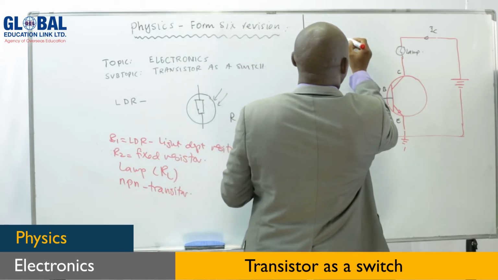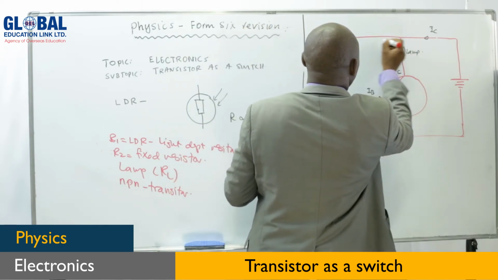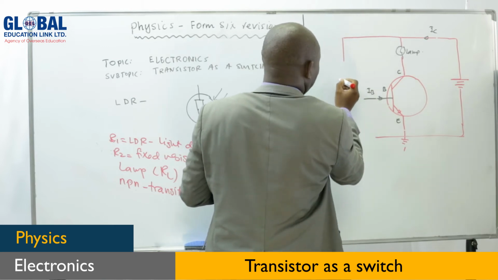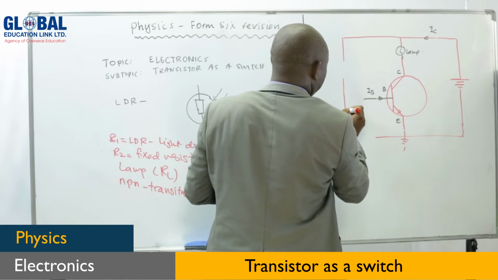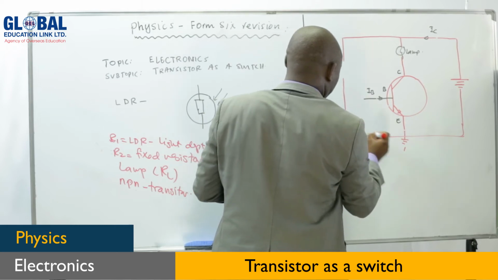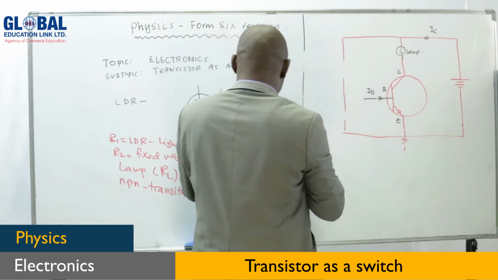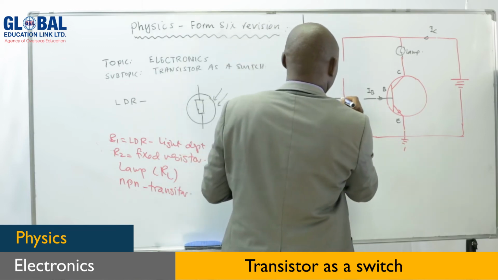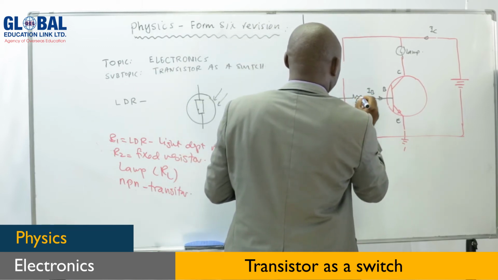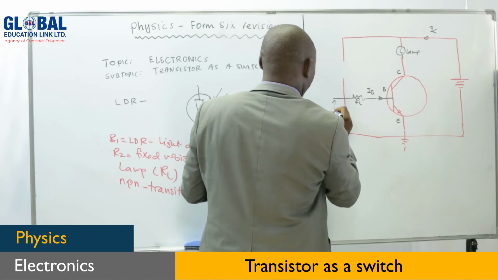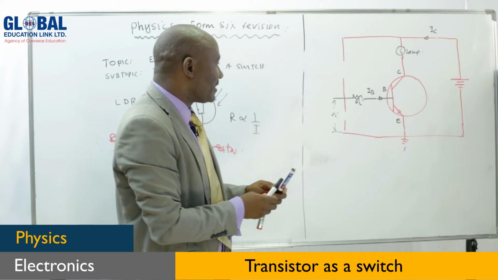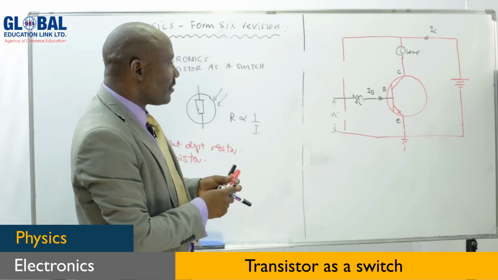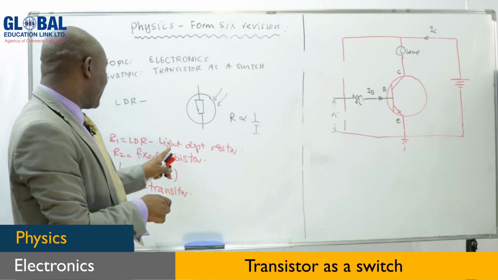Remember, for the stabilized common emitter transistor, we had a certain component here which should be incorporated. This is the input resistance, so this is our input. Remember, the input voltage is supposed to be applied here. Now, where do you connect this light-dependent resistor?